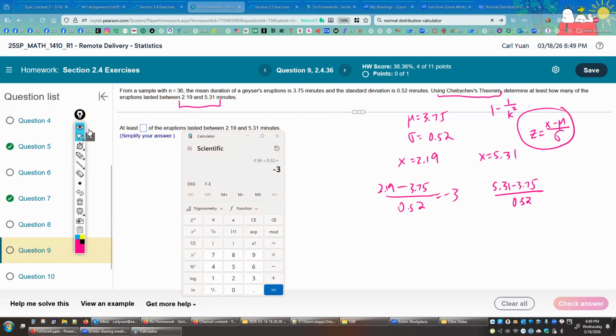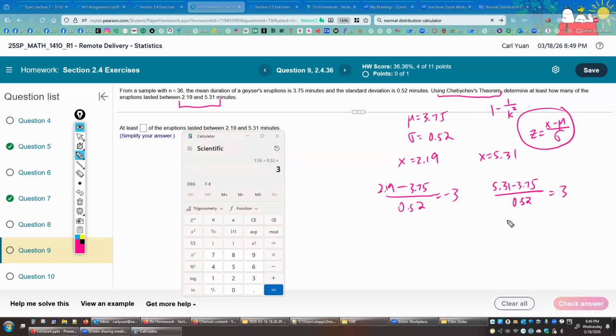All right, and let's do the second number. 5.31 minus 3.75 divided by 0.52. This is positive 3. So we're talking about within 3 standard deviations.